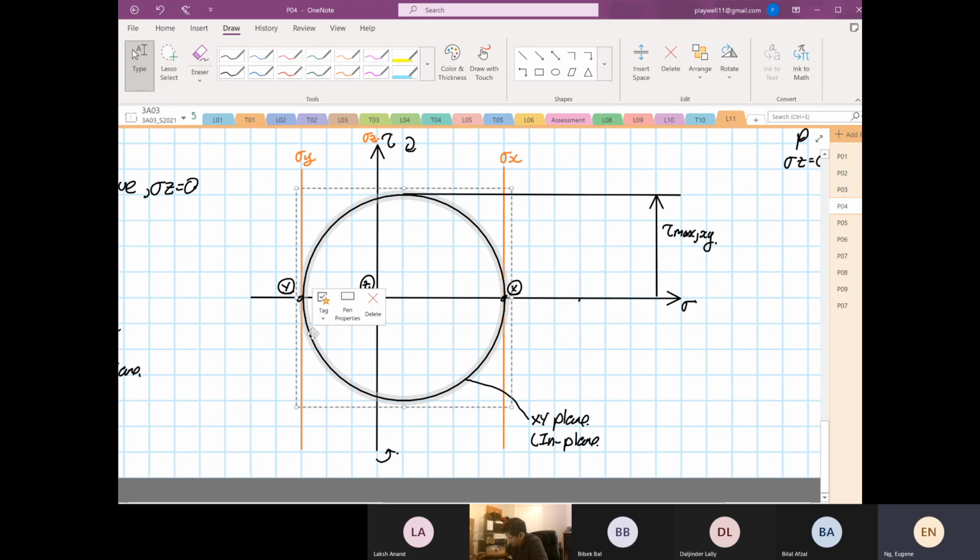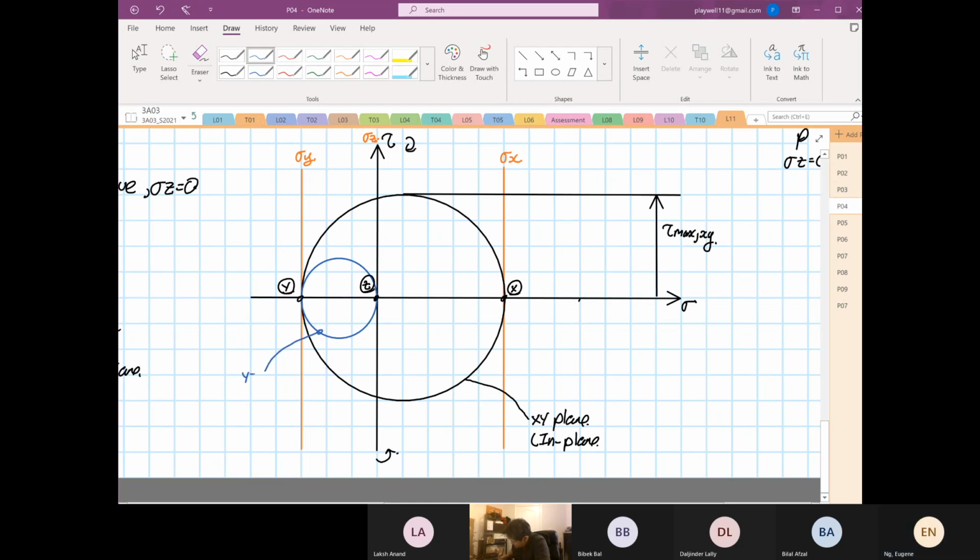Then we are going to draw our YZ, so the next circle. So this is our YZ plane, and this is our out-of-plane.